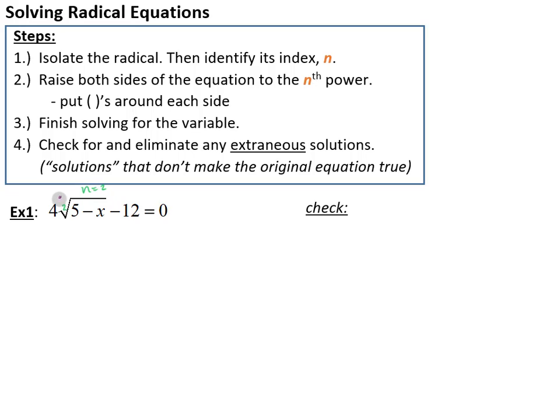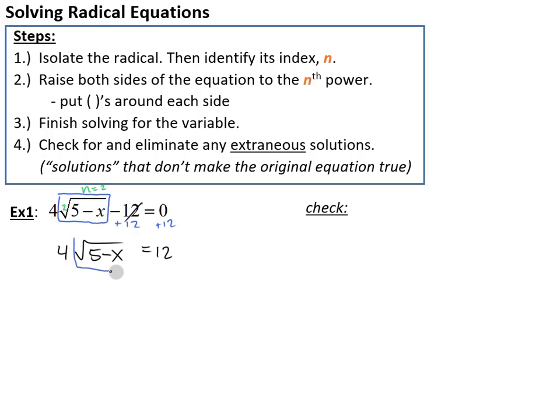So the first thing we said was to isolate our radical. I need to get this by itself. So we want to get rid of things held with addition or subtraction first. So we're going to want to add 12 over. That's going to give me 4 times the square root of 5 minus x equals 12. The radical is still not quite by itself.